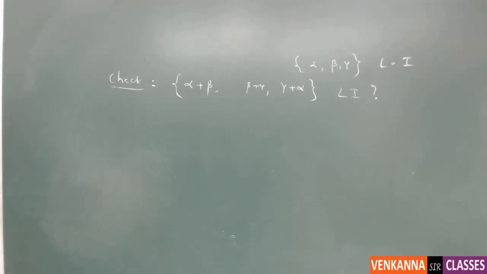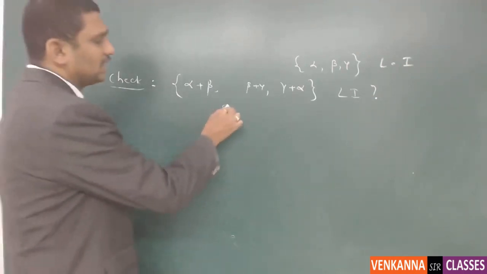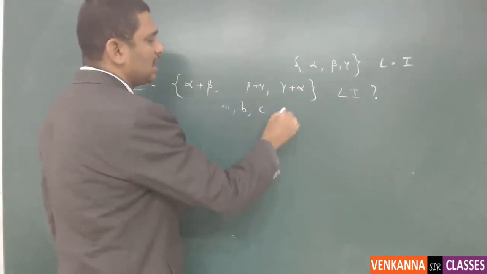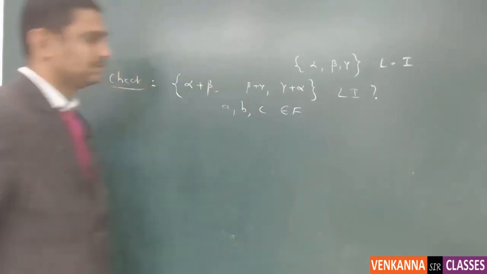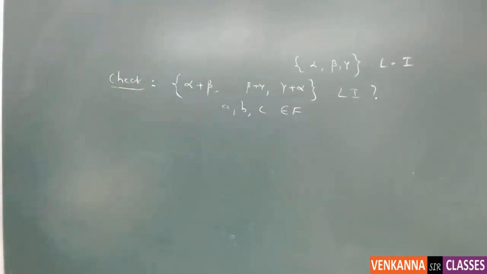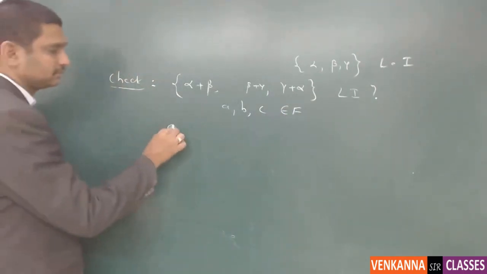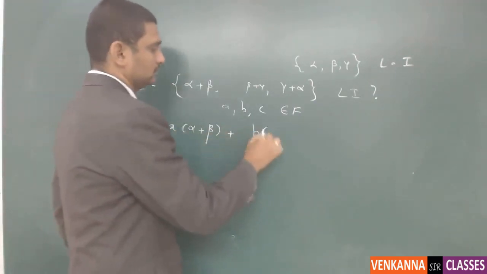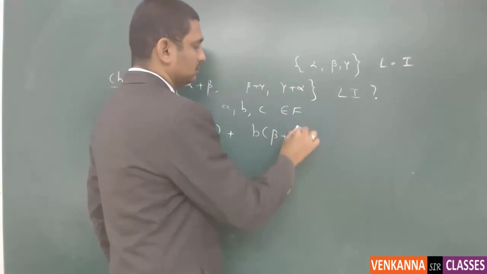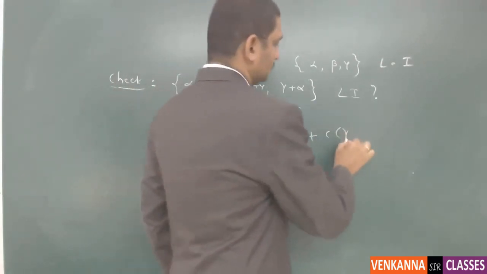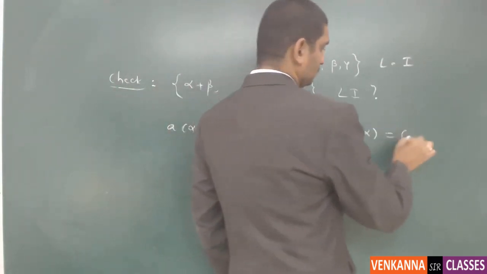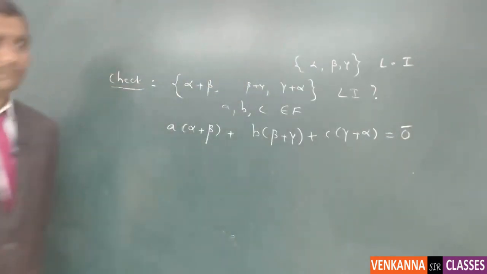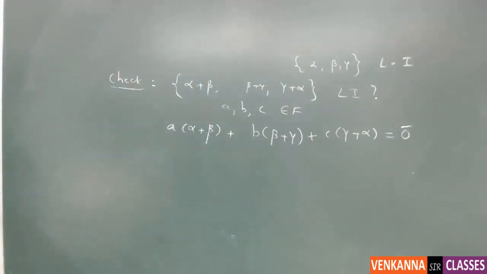Take the usual definition. Let A, B, C be scalars such that the linear combination is 0. Now you can separate all the values and multiply everything.